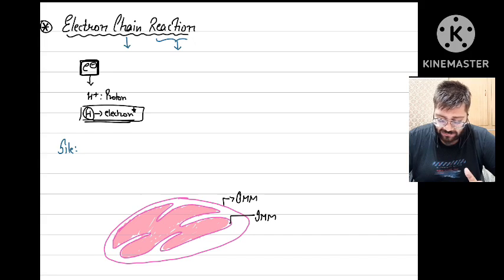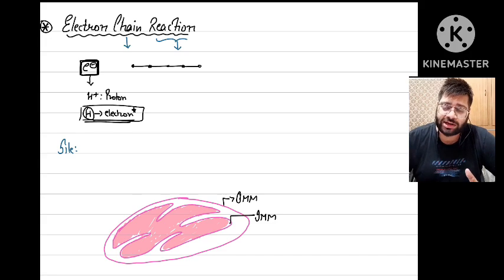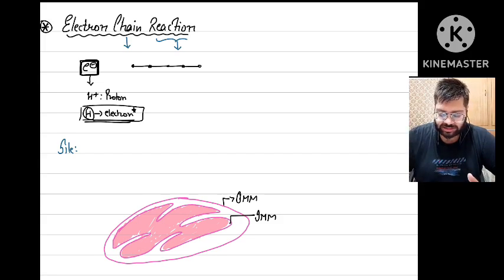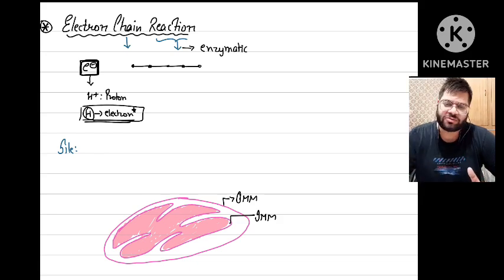And chain, what do I mean by chain? There is a sequence of events occurring with the transfer of electrons from one place to another inside the mitochondria, inside the cell where the energy is supposed to be produced. And the reactions are enzymatic reactions. Any reaction in our body is caused by an enzyme or it occurs spontaneously.